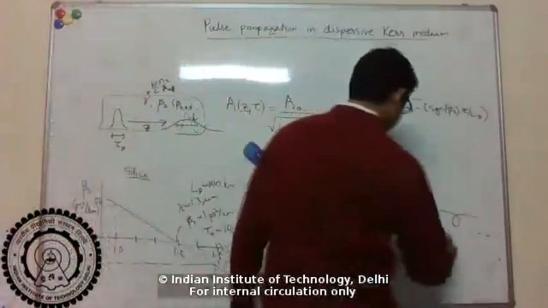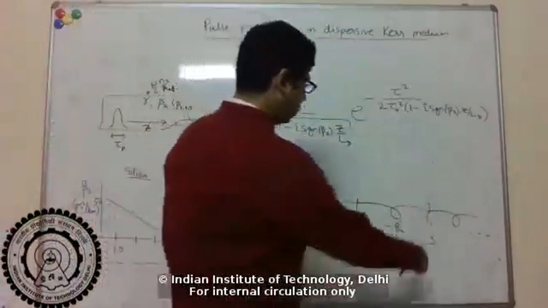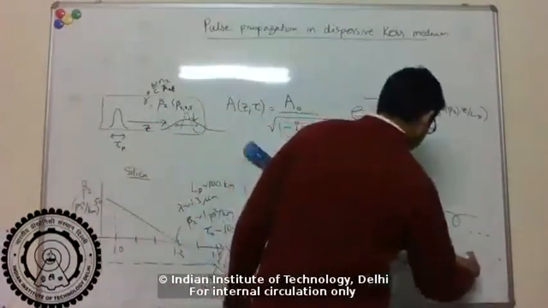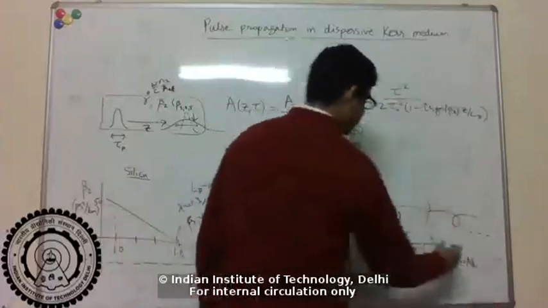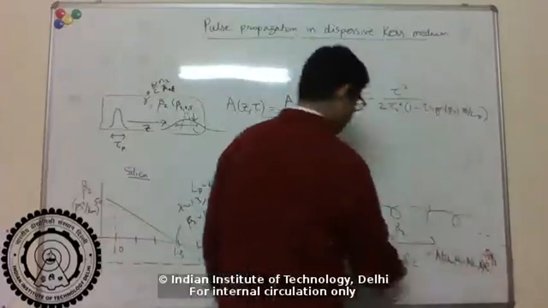And now we have this next section, but it has opposite sign. So now here A at 2L will be A at L multiplied by the phase due to this, which will be negative, minus.